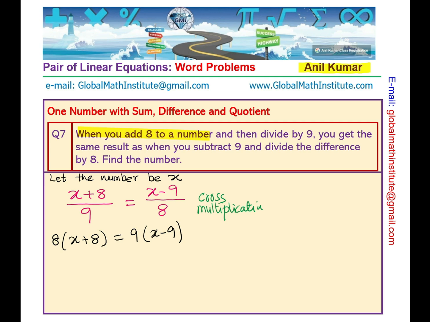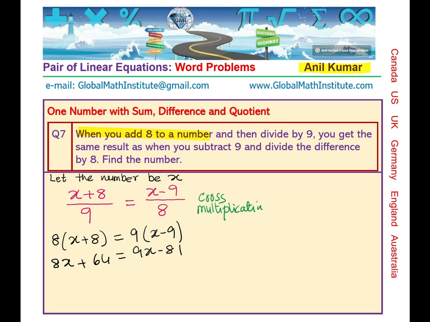Let's open the brackets. We have 8x plus 64 equals 9x minus 81. Bring variables to one side. So I'll take 8x to the right hand side. Normally I bring it on the left, but we can do it this way also. 8x minus 9x equals minus 81 minus 64. So that gives you minus x.